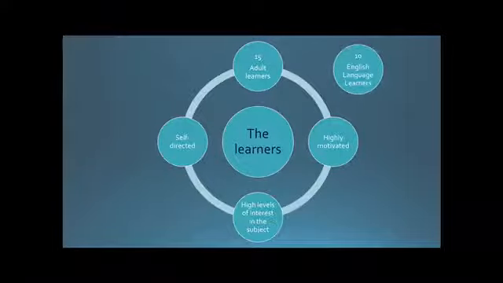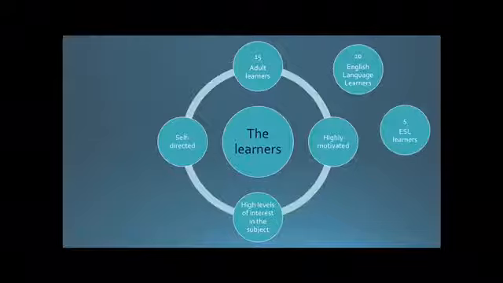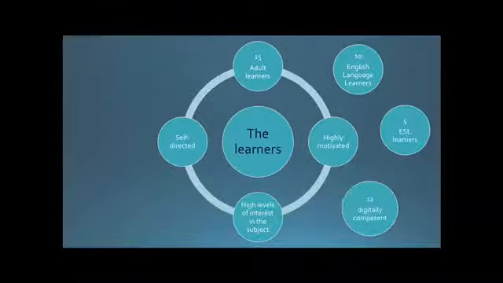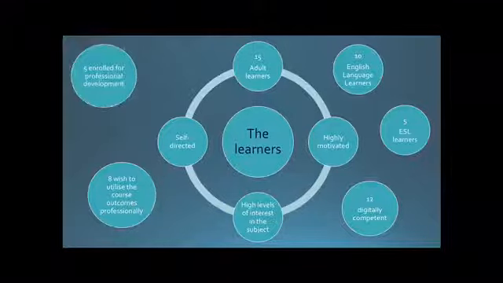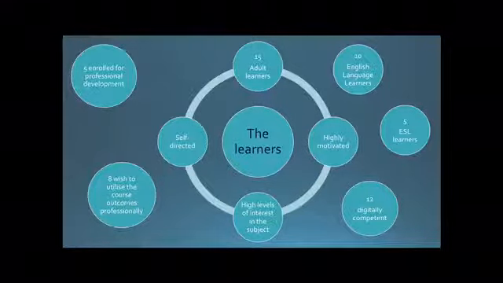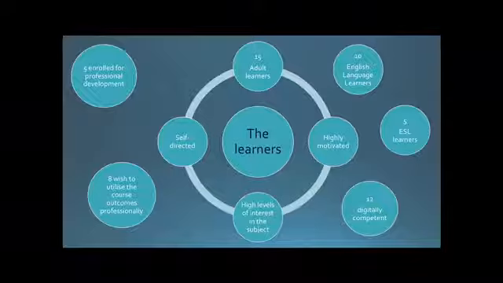The learners. This unit, designed for adult learners, roughly 15 per offering, who are highly motivated, have high levels of interest in the subject, and are self-directed. They have enrolled in a 15-hour online course in publishing children's books.